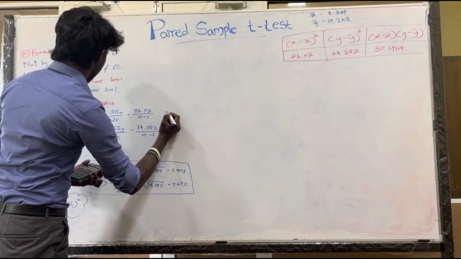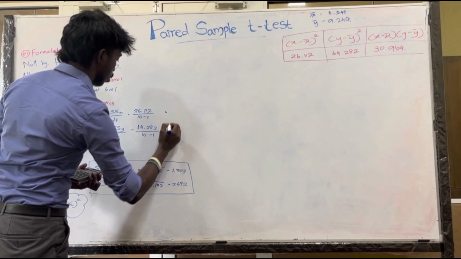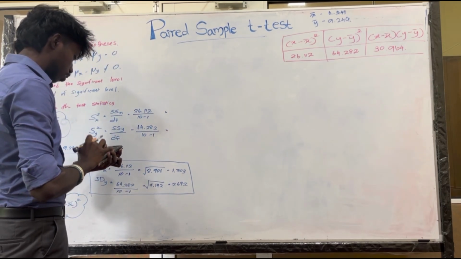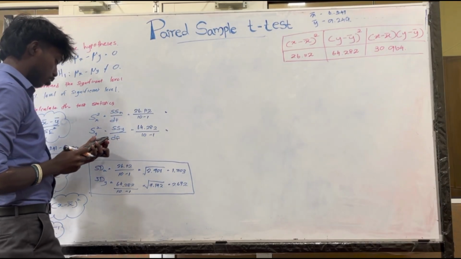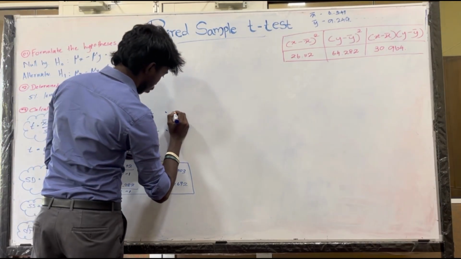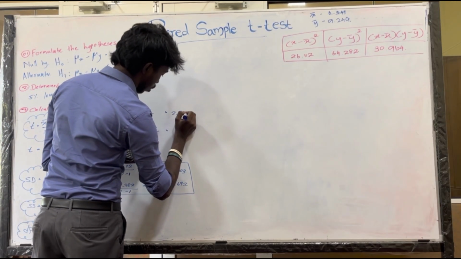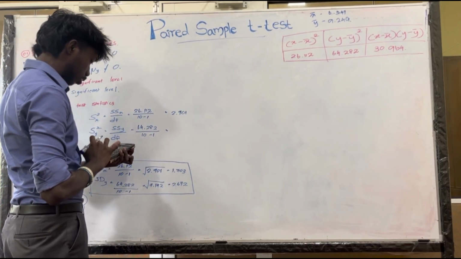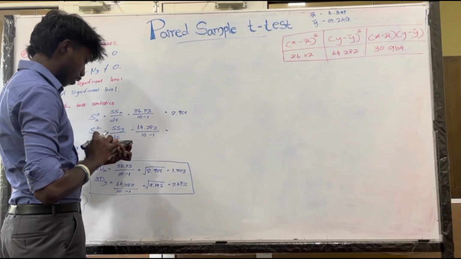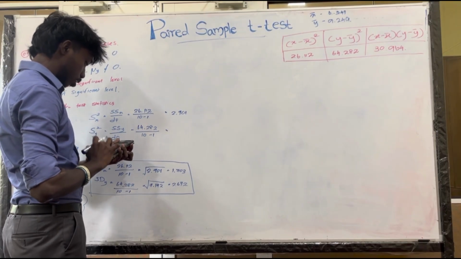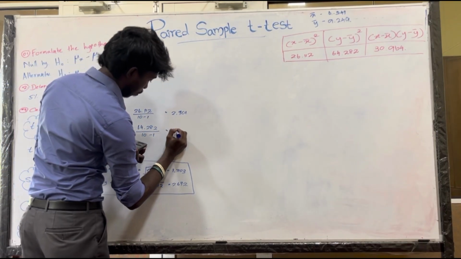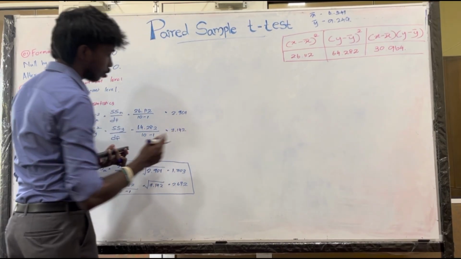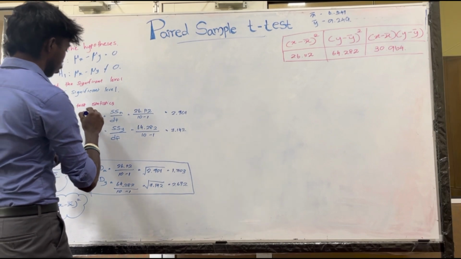First we calculate the variance of x. 26.112 divided by 10 minus 1, 9, is 2.901. Variance of y is 64.282 divided by 10 minus 1, 9, which is 7.142. This is the variance.